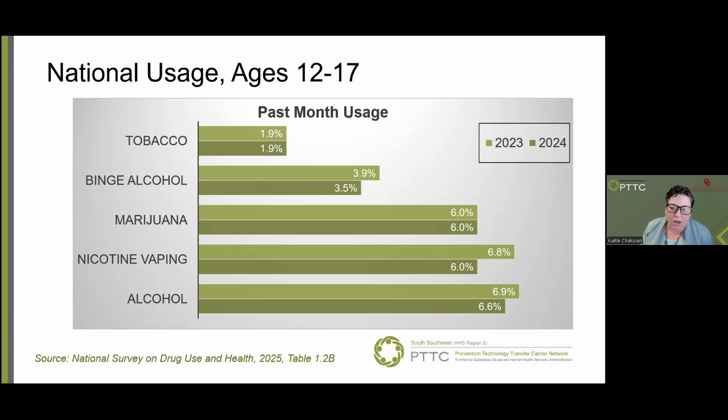Binge alcohol, about 0.4%, and alcohol in general, 0.3%. So while marijuana and vaping have the same past month usage rate in 2024, that's 6%, vaping is actually moving in a good direction while marijuana use has been holding constant. So that's kind of the national picture. Help us think about how to look at this data.